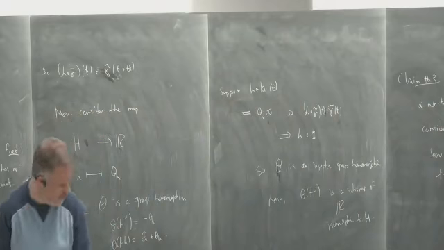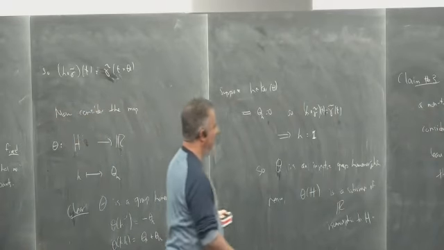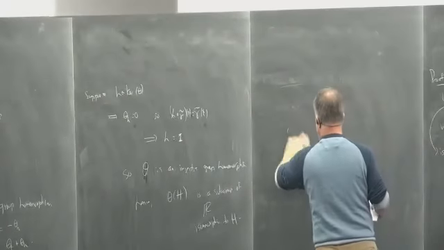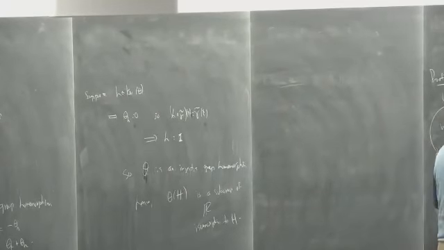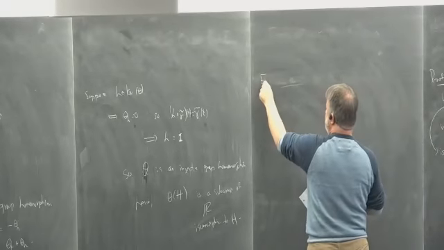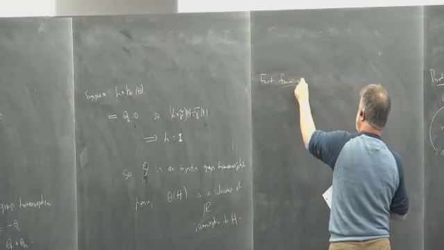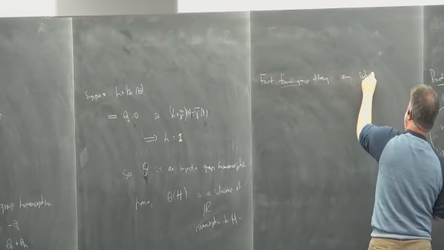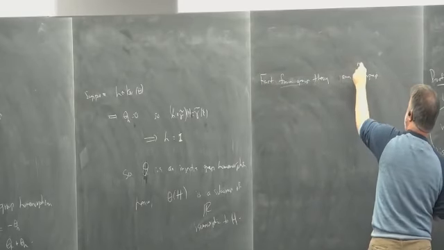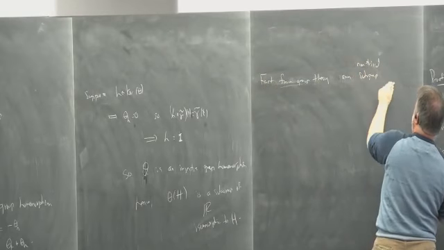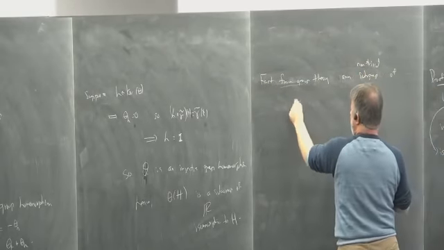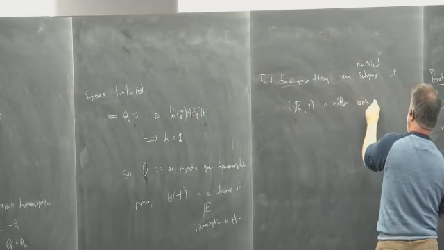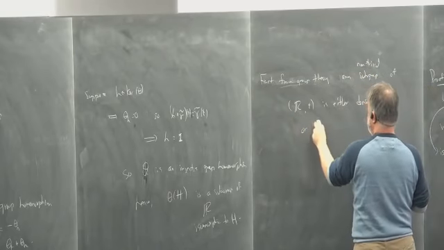And now we use a fact from group theory: if we have a subgroup of the additive group R, it's either dense in R or it's infinite cyclic. So this is a fact from group theory. Any non-trivial subgroup of R under addition is either dense in R or infinite cyclic.